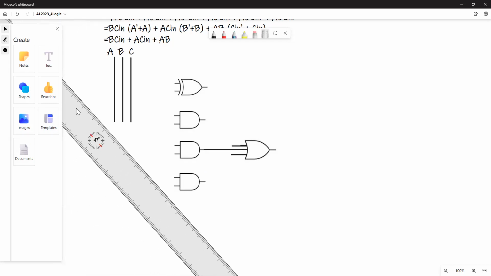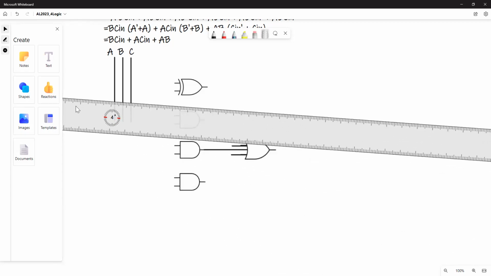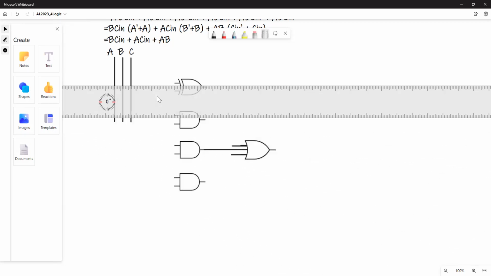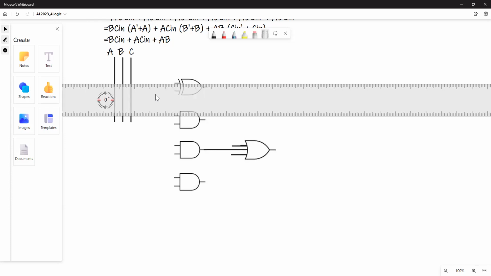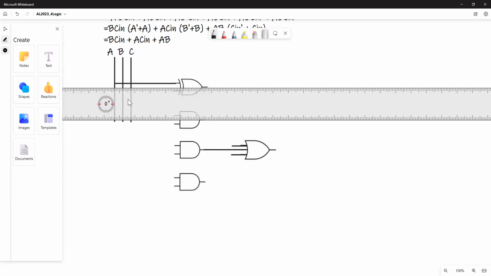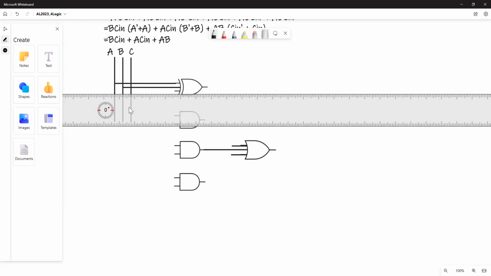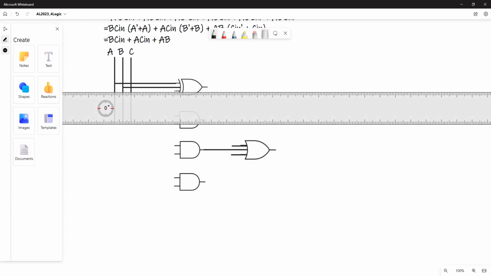So the first one is we have A, B, C for the exclusive OR gate. So let's connect A here. Right, I connect A. Then we have to have B. And then we have to have C. That is a mistake.